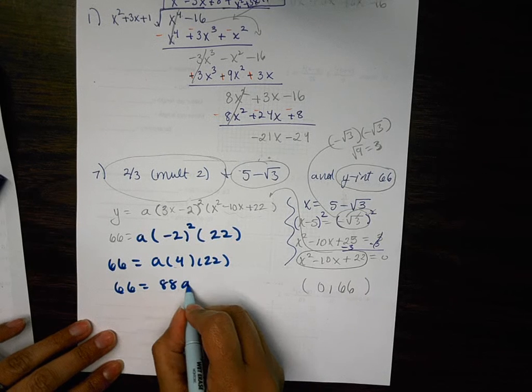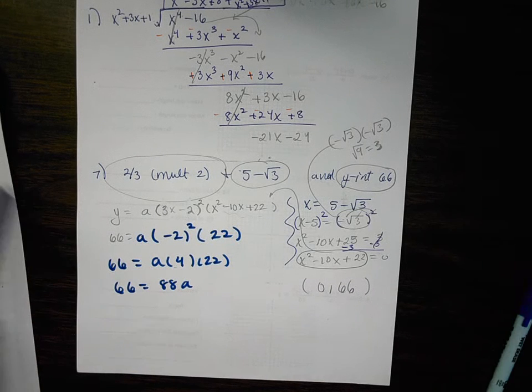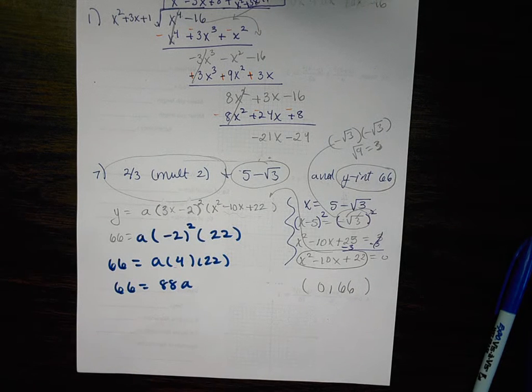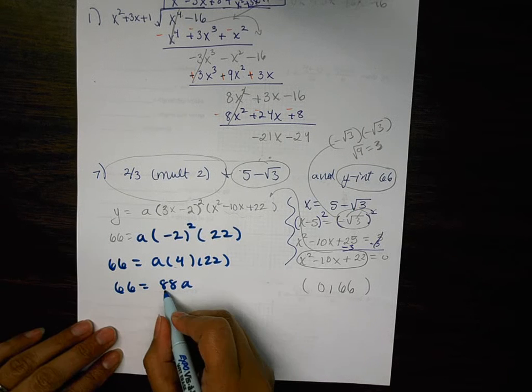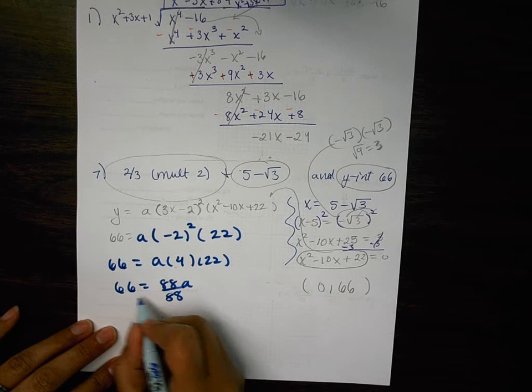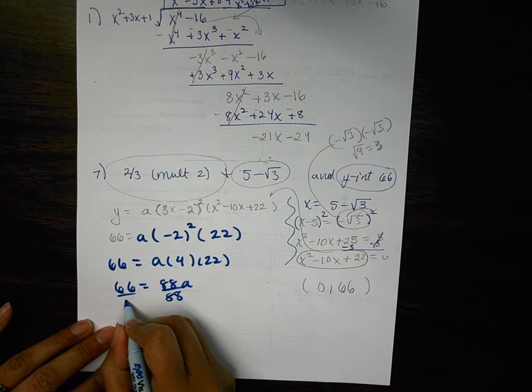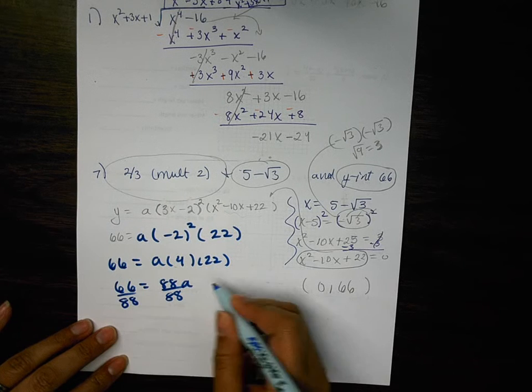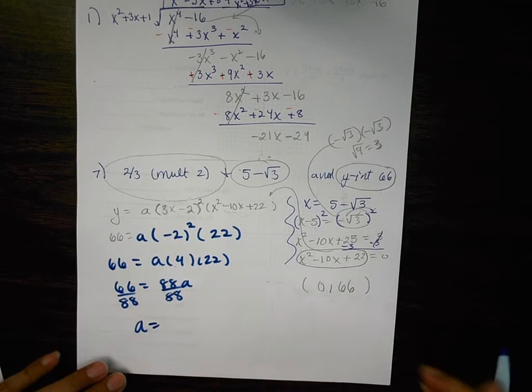What's 4 times 22? 4 times 22 is 88. And then divide and reduce. All right, what does a equal?